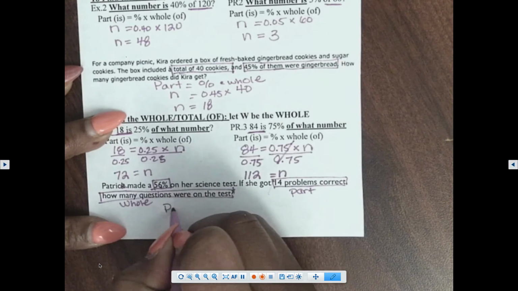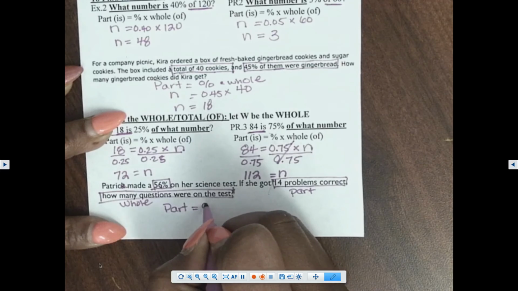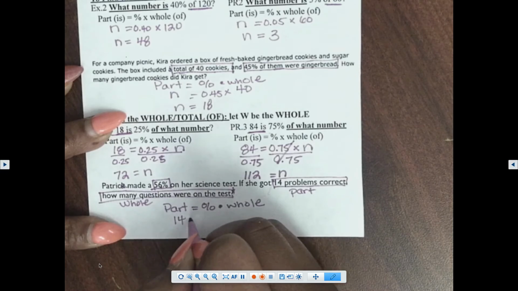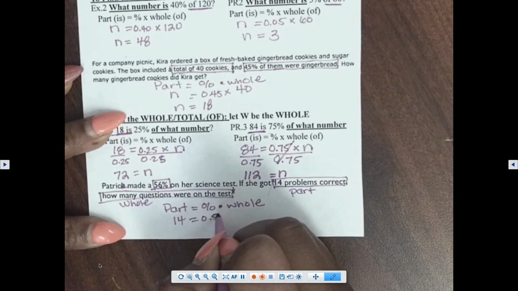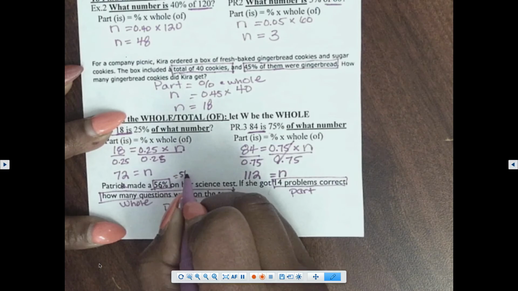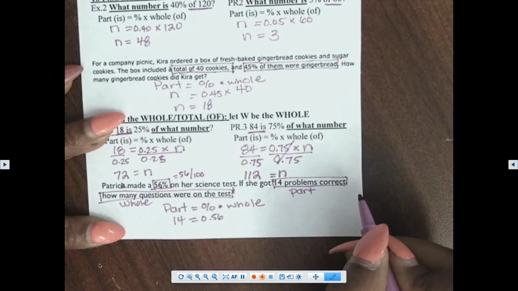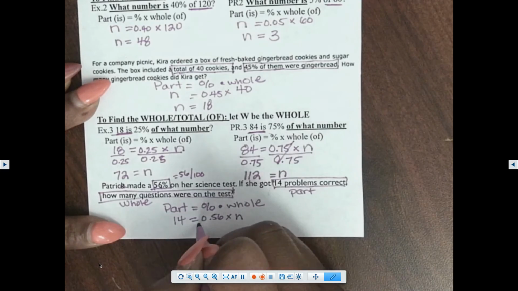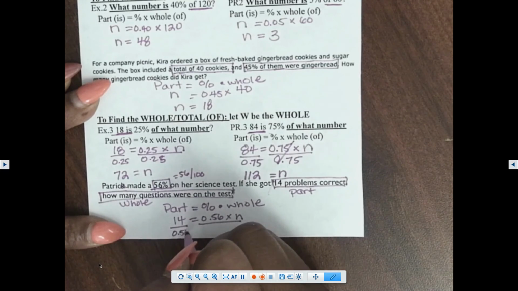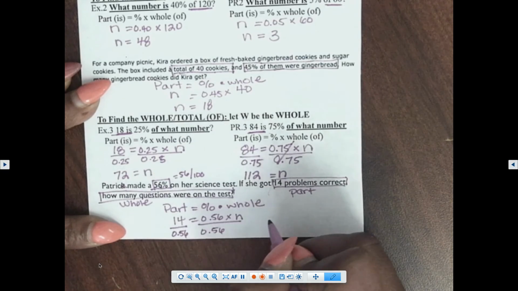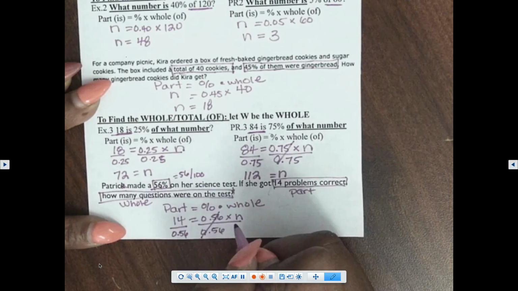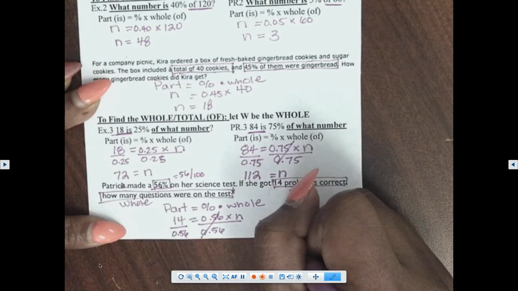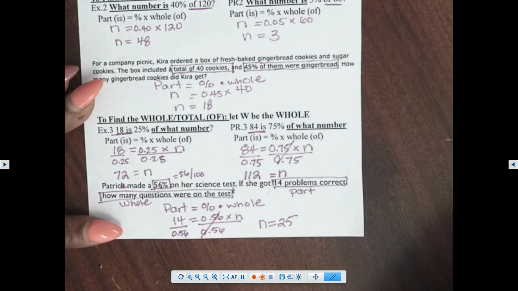So we got part equals percent times whole. Part being 14, percent being 0.56. That is 56 divided by 100, for those of us who are wondering how I'm getting these decimals, times n, because we don't know. And we divide both sides by 0.56. This side crosses out, 14 divided by 0.56. There are a total of 25 questions on the test.